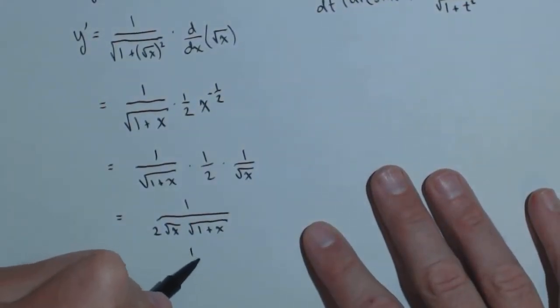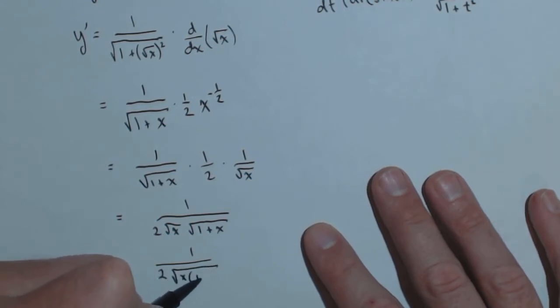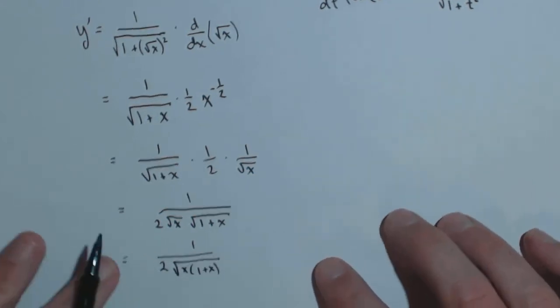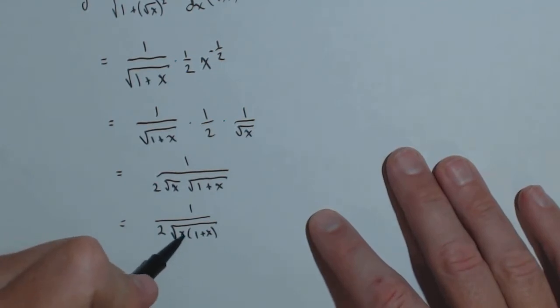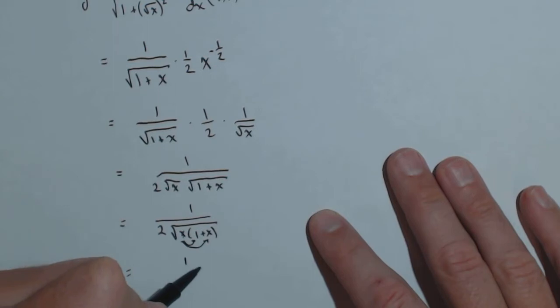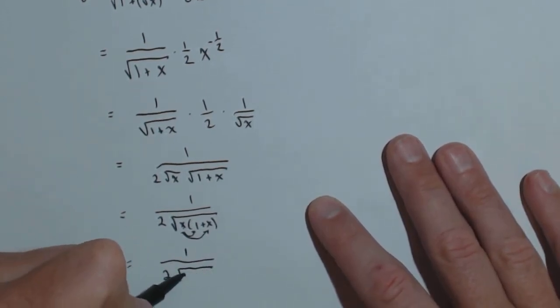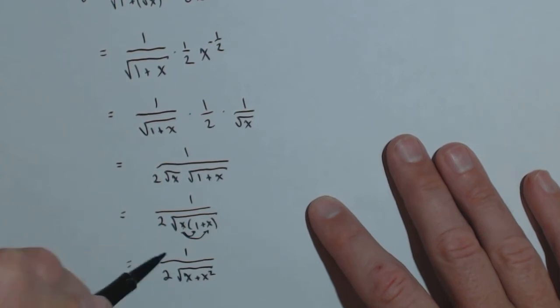And then we'd have 1 over 2 times the square root of x times 1 plus x. And finally, we would distribute this x here. So we could rewrite this as 1 over 2 times the square root of x plus x squared.